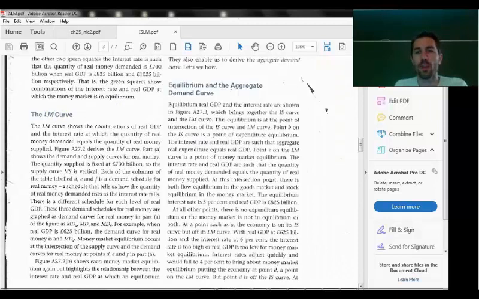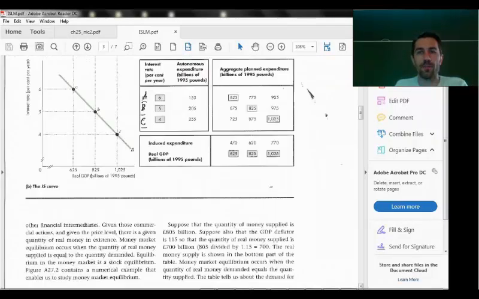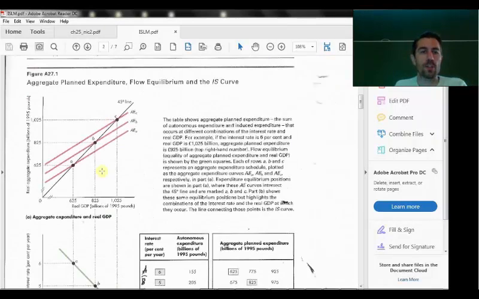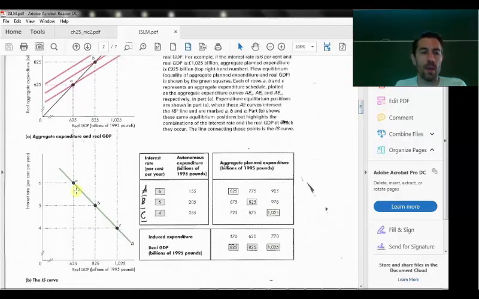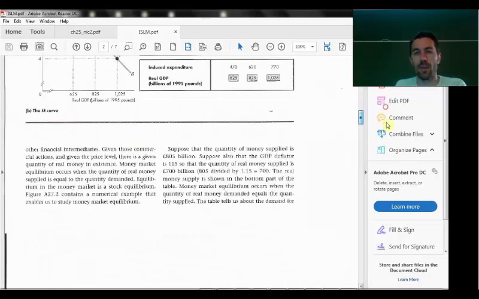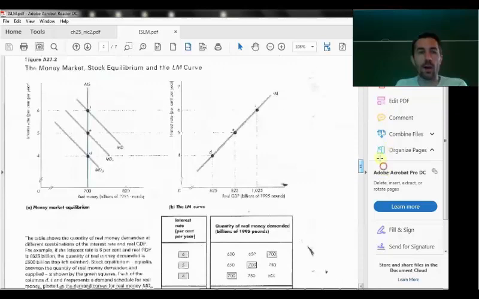Okay? So the IS curve is going to join a whole bunch of points of equilibrium. So here we've got point A, point B, point C. All of those are points of equilibrium, to get our IS curve. In the money market, we have points D, E, F, points of equilibrium in the money market, the LM curve.